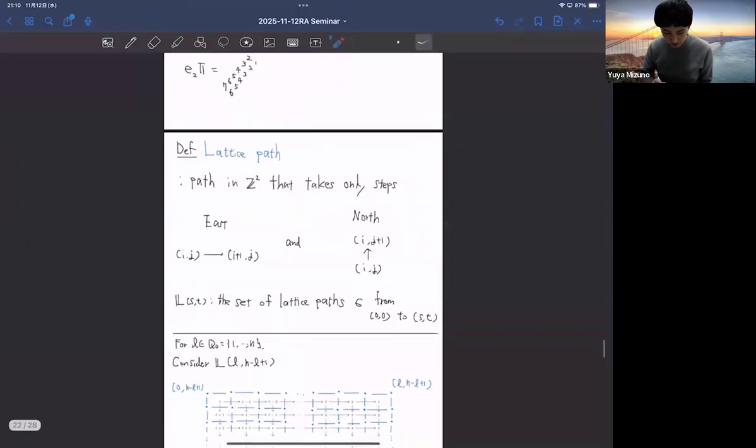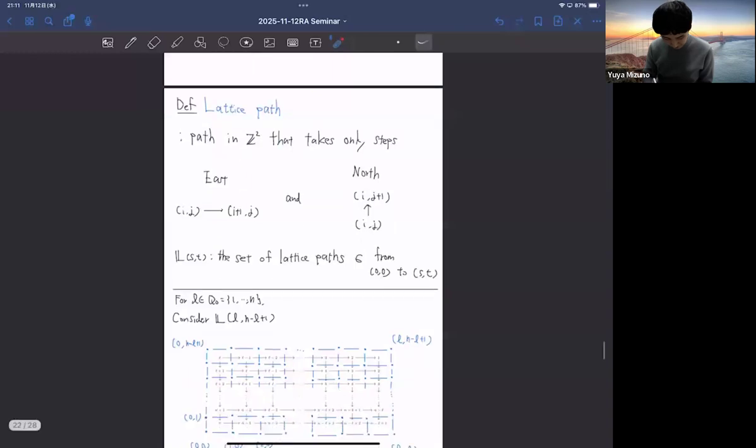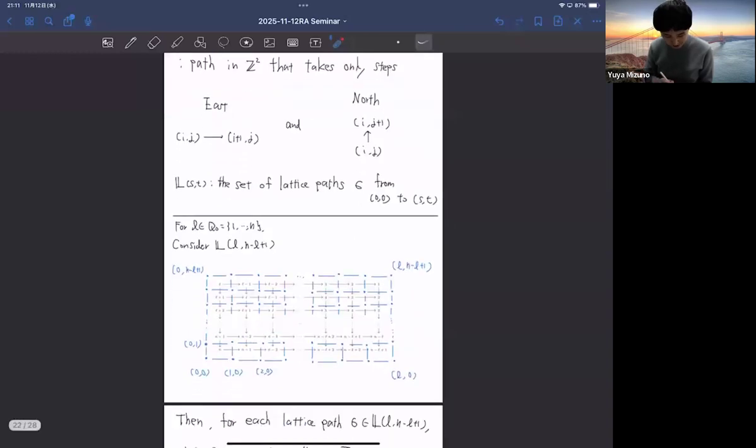To consider this, we need to consider the lattice path. This is a path in the plane that takes only steps east, namely right-hand side, and north, upper side. And this is the set of lattice paths, denoted by L, from 0 to (s,t). So let me briefly explain.